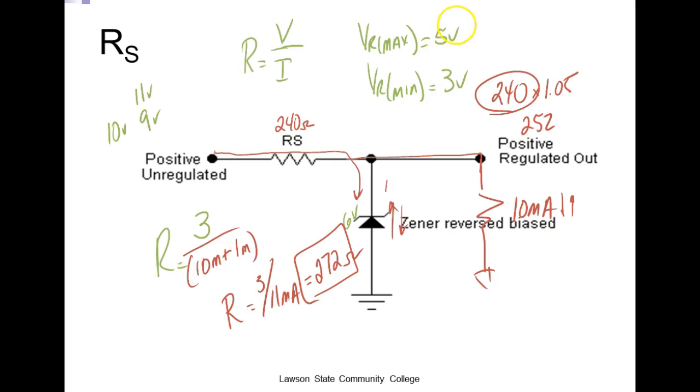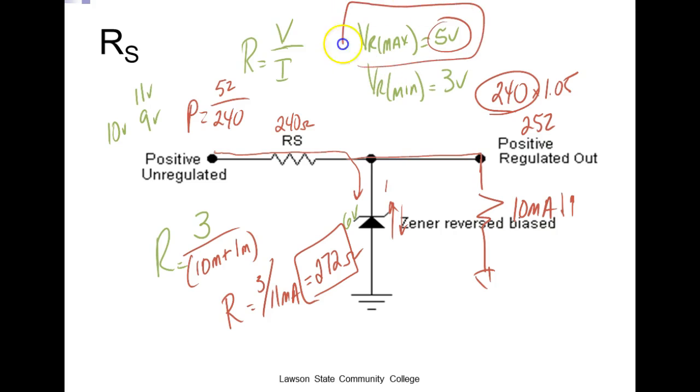What's the maximum voltage it's going to have to drop? 5 volts. So power would be equal to 5 squared over 240. This is why knowing those other power formulas makes it easy. So V squared over R. When you calculate the power, you don't use the minimum voltage it's going to drop, you use the maximum. Doesn't that make sense?